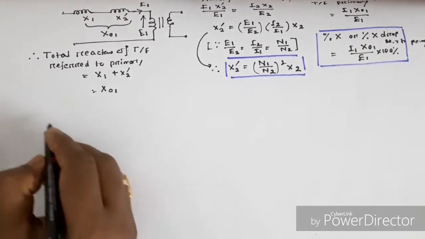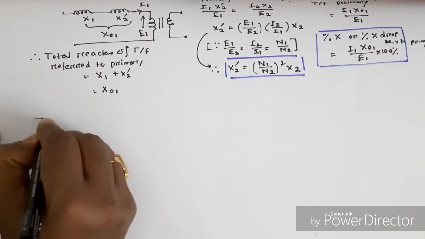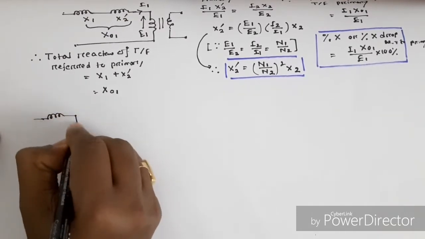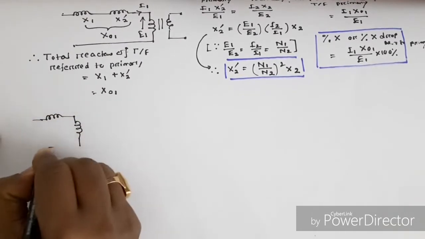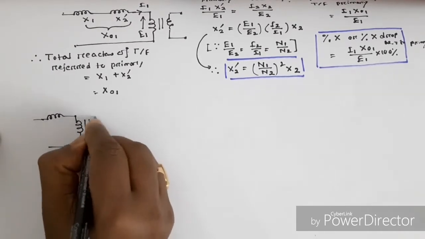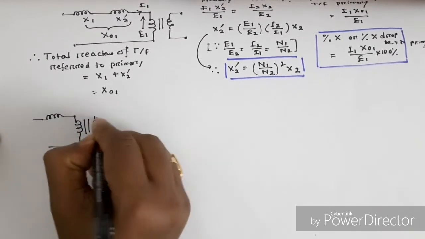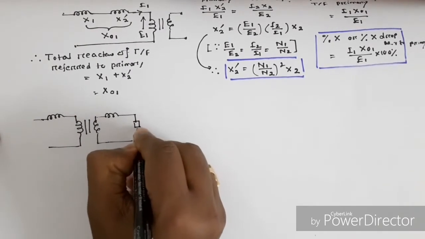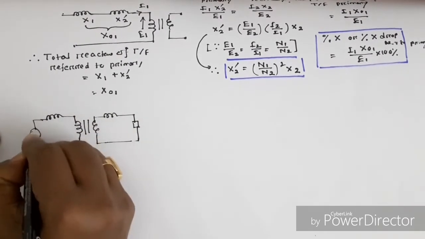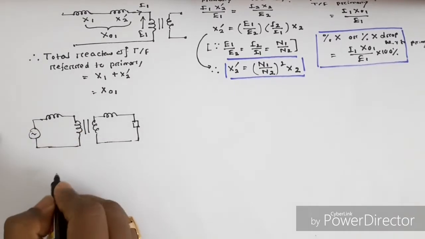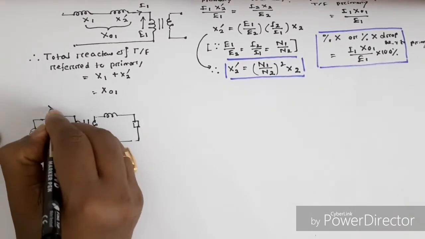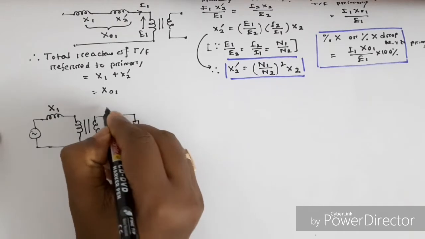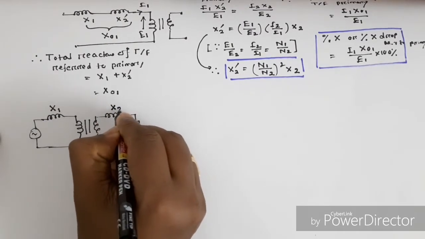Again, the circuit of transformer considering only reactance is given by this. This is the primary reactance X1, this is the secondary reactance X2.